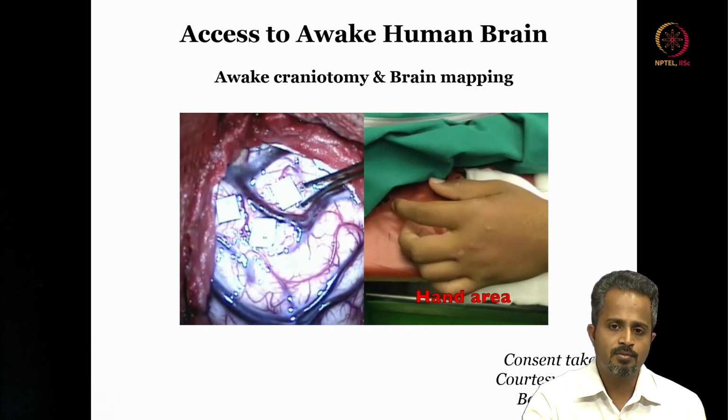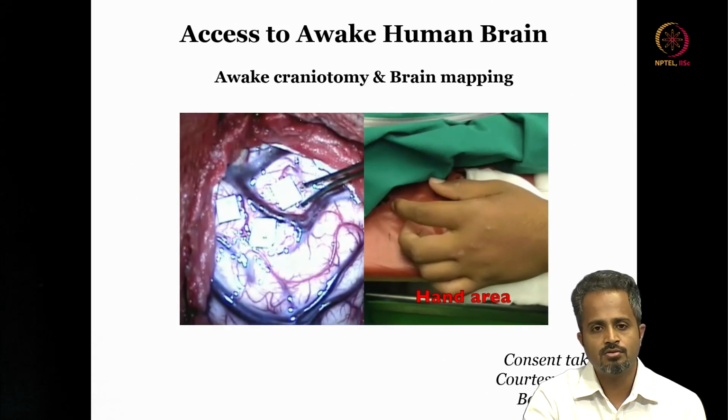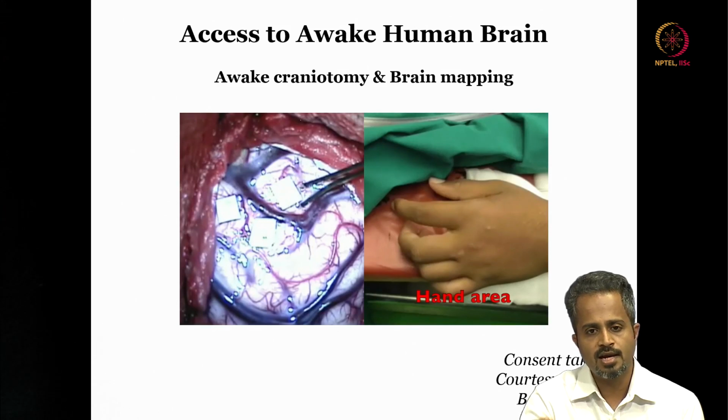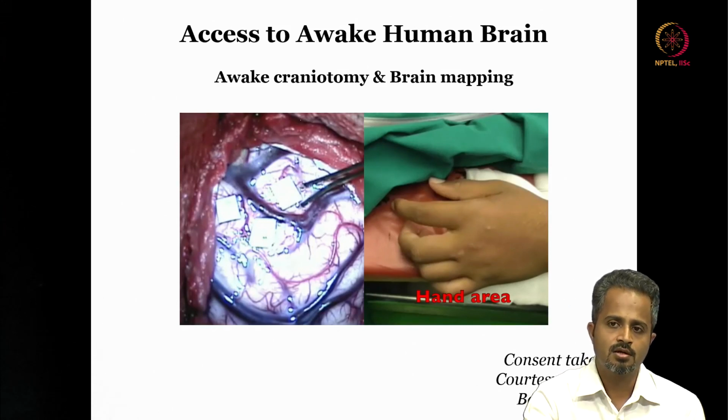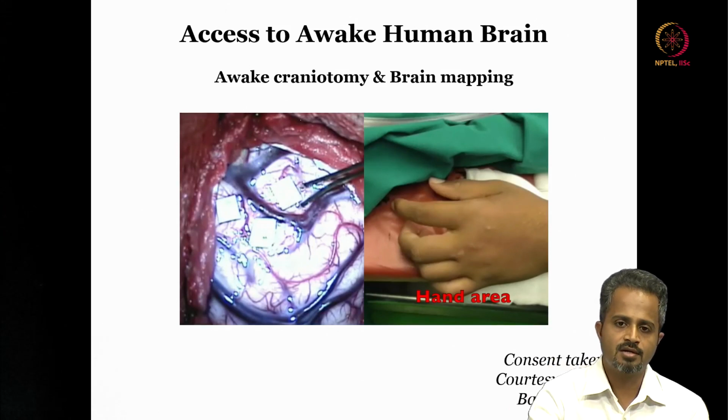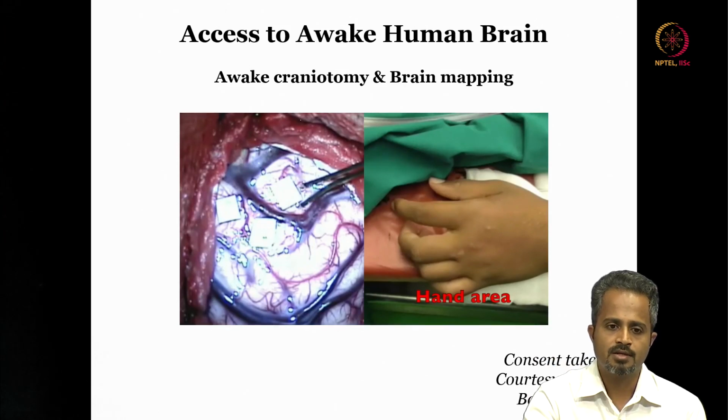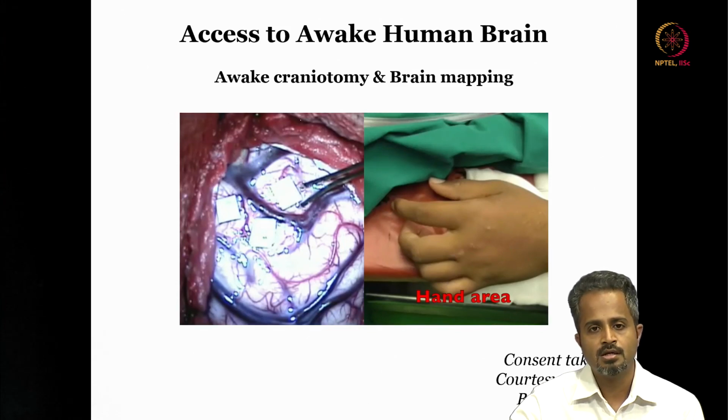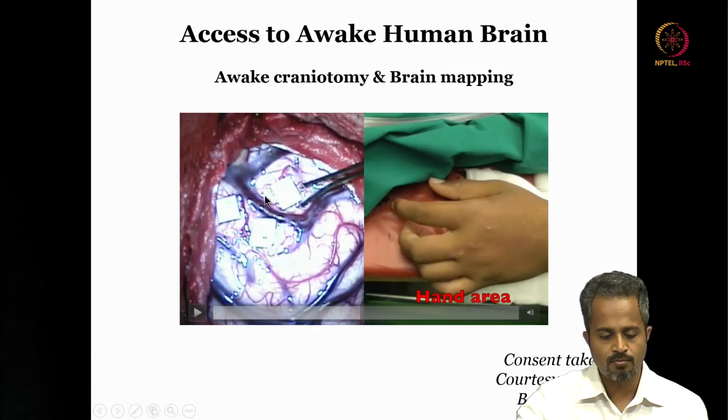Any signal from an area which is not of interest will become noise for you. So, to make sure the signal actually belongs to the motor cortex, and that the behavioral task you are studying is from the area of interest, you need to know how to map it. This is one way of mapping it here.